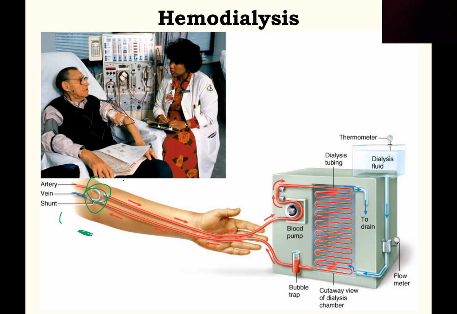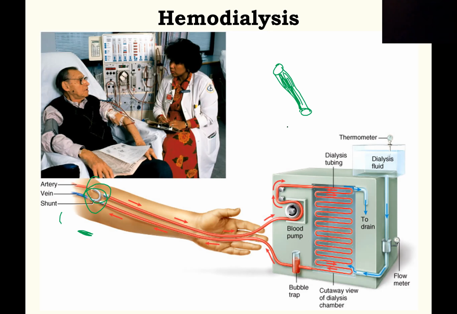And that's to reduce infection and reduce damaging the blood vessels. The dialysis tubing is in a cylinder, which is a single individual use, and it's filled with hundreds of teeny tiny little straws rather than this long tubes.